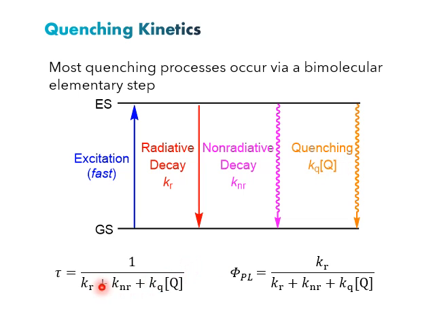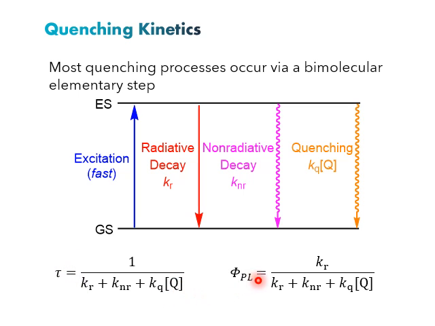So again, in the absence of quencher, the lifetime is just the inverse of Kr plus Knr. But now when you have a quenching process, you add in this new term, this bimolecular term, and that reduces your lifetime tau. The amount that it reduces is dependent on the concentration of the quencher.